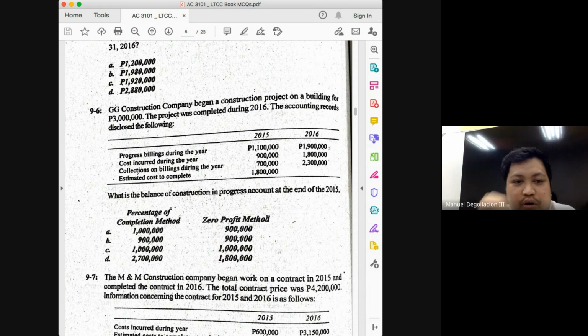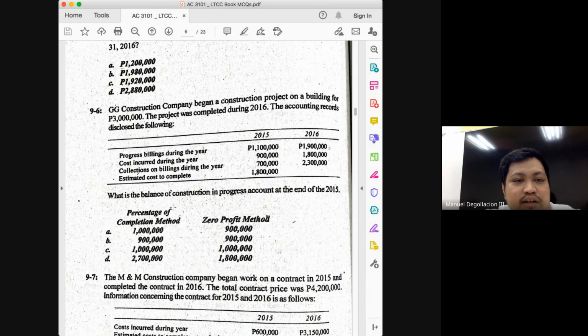That's it. Very simple. How much have you incurred in 2015? 900,000. But the answer here is not letter B because, regardless of the method used, your CIP account, your construction in progress account, will be composed of your cumulative cost and cumulative profit. How much is your cost in 2015? 900,000. To answer this problem, you need to solve for the RGP in 2015.